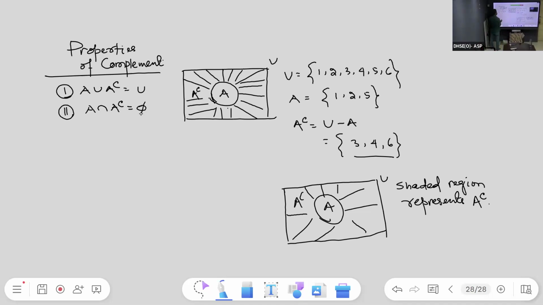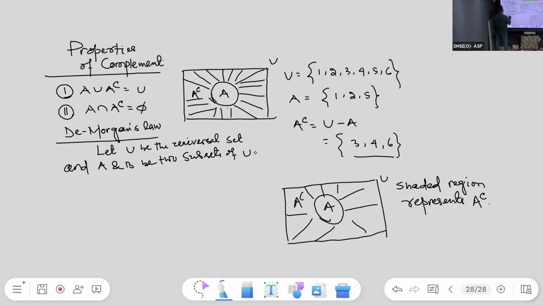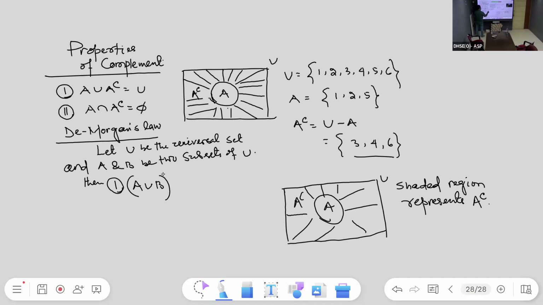The other two properties are there, which are known as De Morgan's law. Write down, let U be the universal set and A and B be two subsets of U. Then first, A union B whole complement equals A complement intersection B complement.